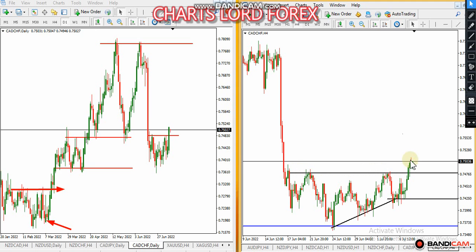Now I will be waiting tomorrow, or maybe in the coming days, maybe by next week, since tomorrow is Friday, to see a confirmation. If I see a slowdown move here, probably to this line or somewhere within this zone, with a confirmation of maybe a price action for a buy, I will be taking the buy.